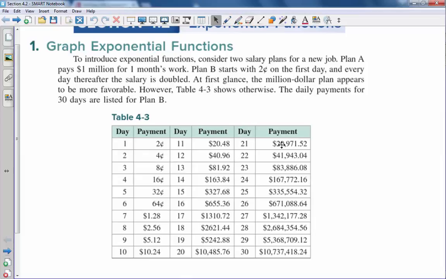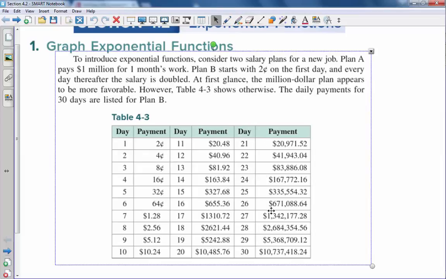After 3 weeks, you're still making 20,000. But it really picks up in the last week, unless you're fired. In the last week, everything is doubling. And on the last day of your job, you're getting a $10 million check for that day. So in total, you're probably making 20 million or something. When you add these up, almost 20 million compared to the 1 million plan.